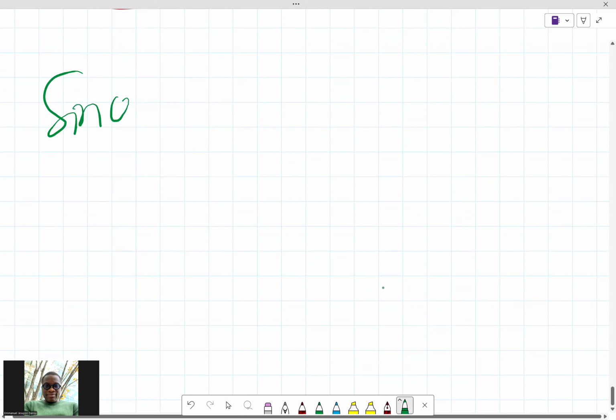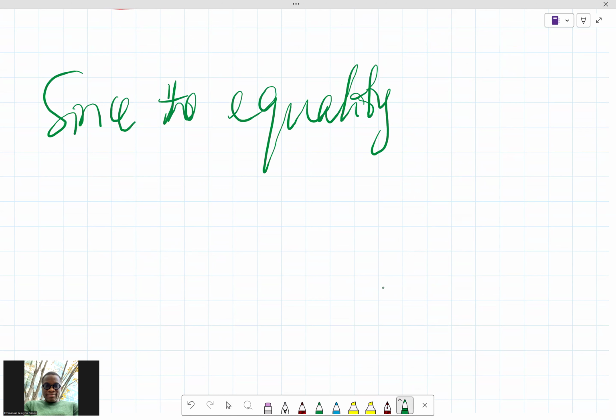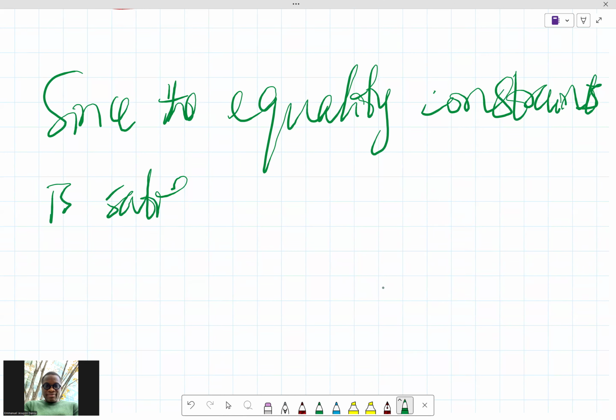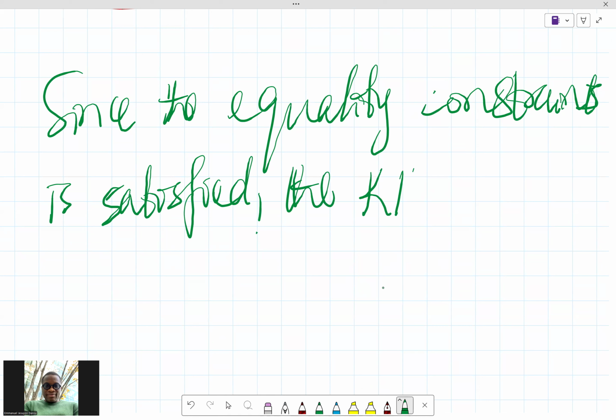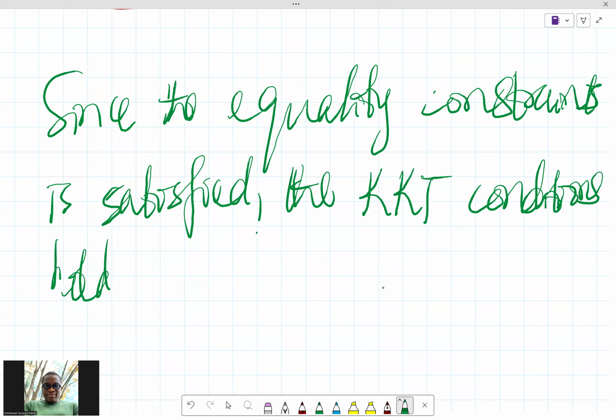So since the equality constraint is satisfied, the KKT conditions hold. The KKT conditions hold.